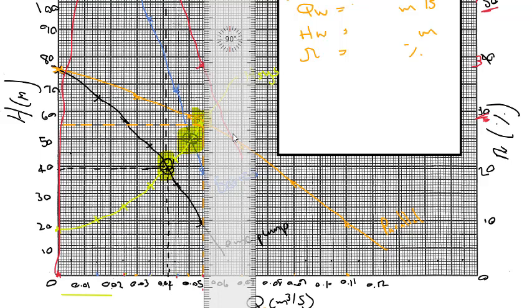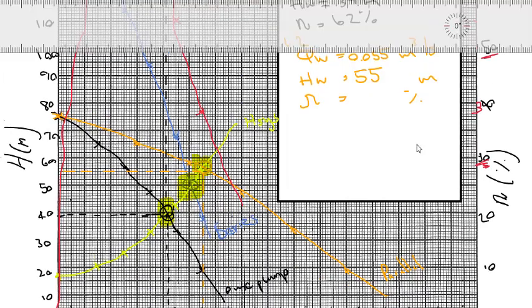Okay, so let's write in those values. So we know that H will sit around 55 meters and our Q will sit around 0.055 meters cubed per second.